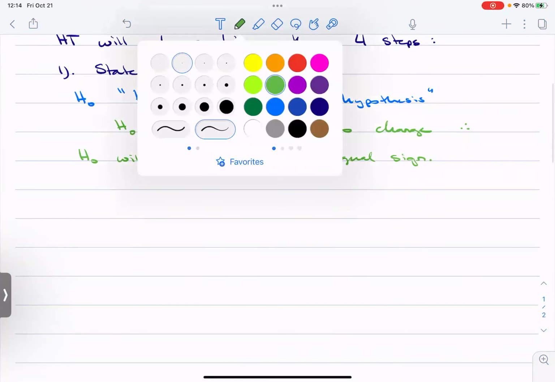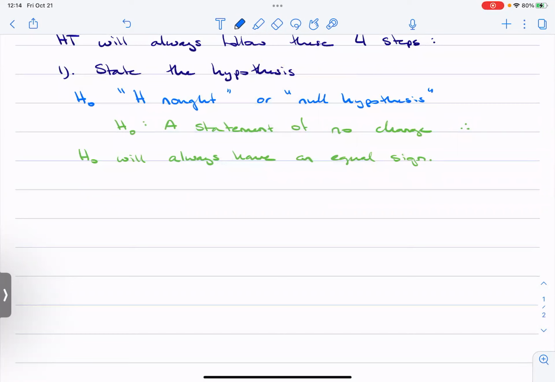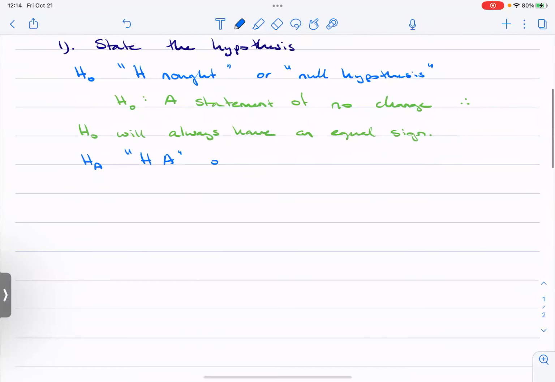Which is the same as what we did with the confidence interval just yesterday. Our alternative hypothesis, I use H subscript capital A. You could use lowercase a, you could use H1, or H0, H1. There's lots of options. But you just read it as HA, or the alternative hypothesis.